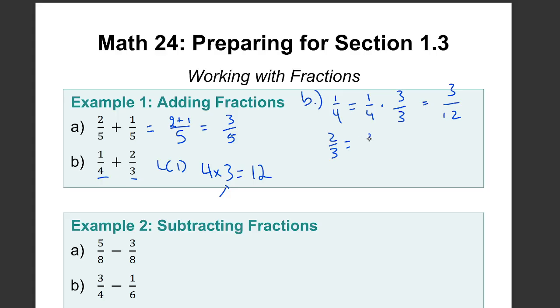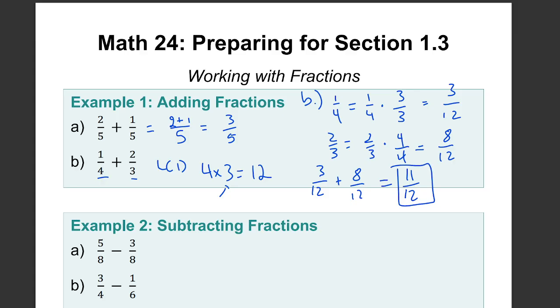Well, this is the same as 2/3 times, now I'm going to choose something that's equivalent to 1, something like 4/4, the other number. And I get 12 on the bottom like I wanted, and then I do 2 times 4 to get 8 on the top. Well, now I can do 3/12 plus 8/12, and I get 11/12.